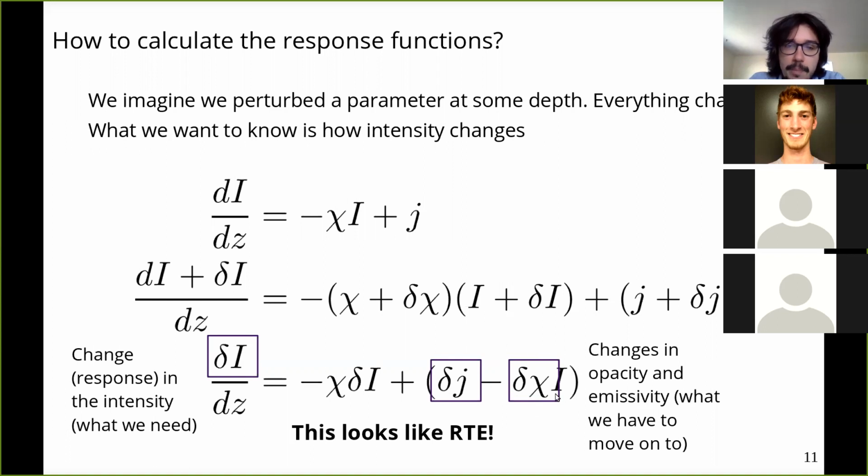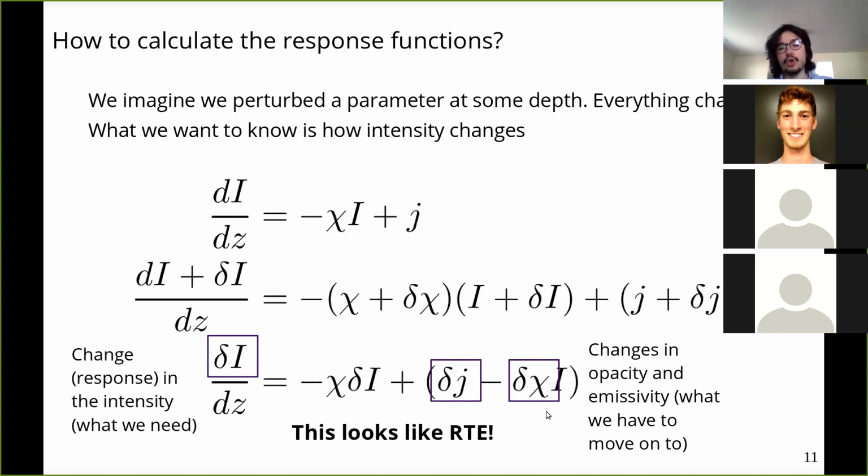Right, and this sort of makes sense. Because let's say that if I somehow perturb my parameters so that both my opacity and emissivity increase, then the perturbation of my intensity is going to depend on the increase of emissivity minus some effect which accounts for the fact that now some intensity is being absorbed.